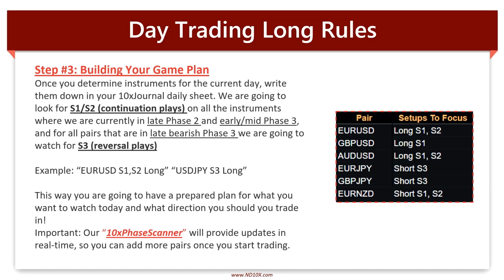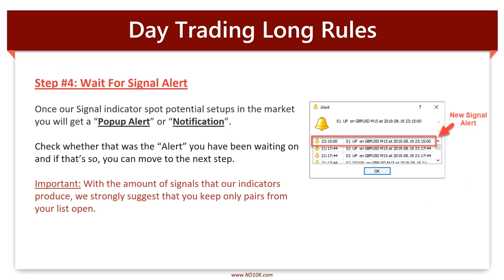This way, you are going to have a prepared plan for what you want to watch today and what direction you should trade in. Important. Our 10x phase scanner will provide updates in real time, so you can add more pairs once you start trading. Step 4. Waiting for signal alert.